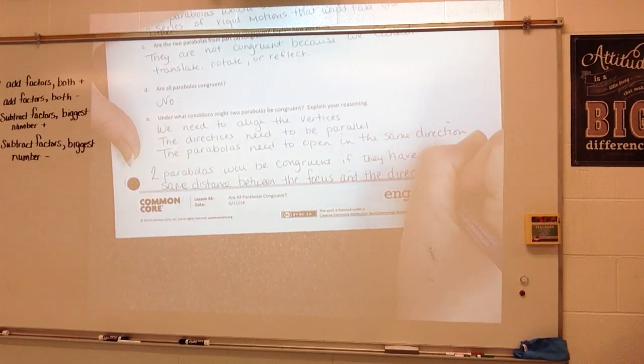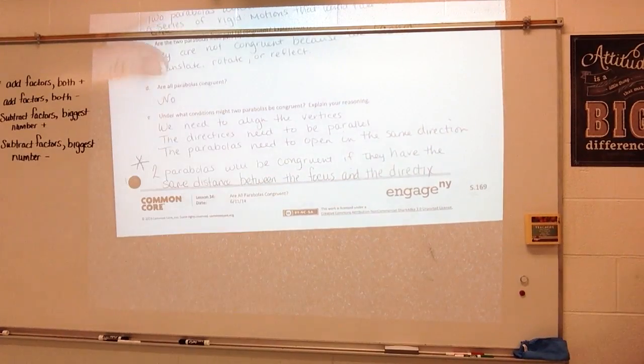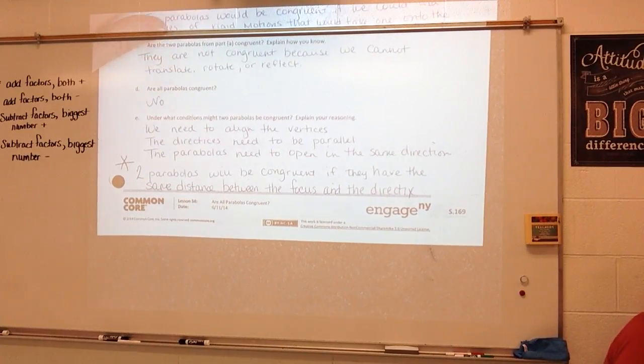That right there is the one thing that you need to remember in this whole lesson. If I have the same distance between my focus and the directrix, then the two parabolas can be congruent.